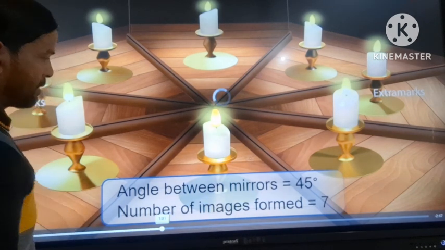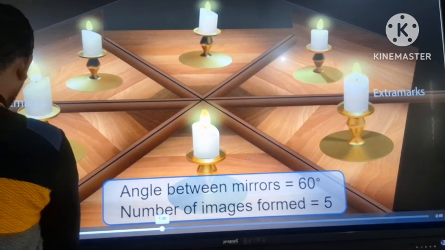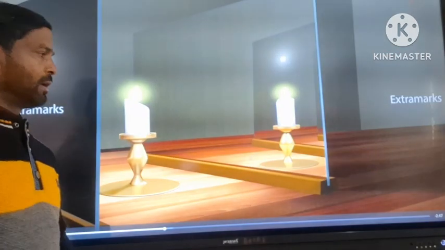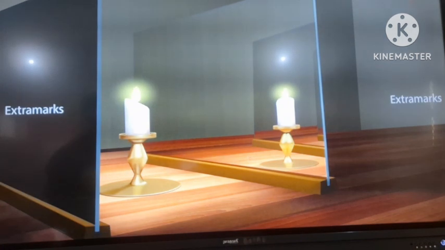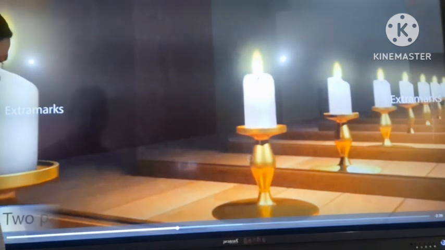If we place it at 45 degrees, 7 images will form. Then further on, if many multiple images are formed, how is it possible?